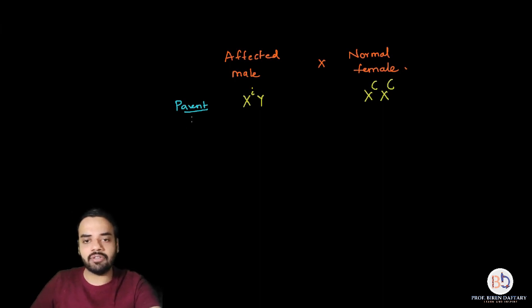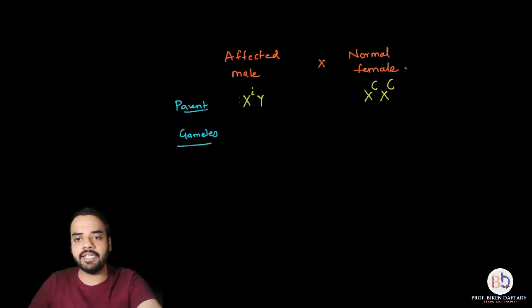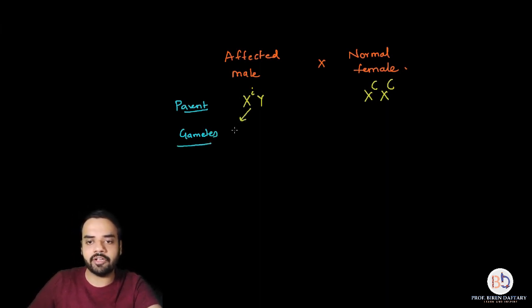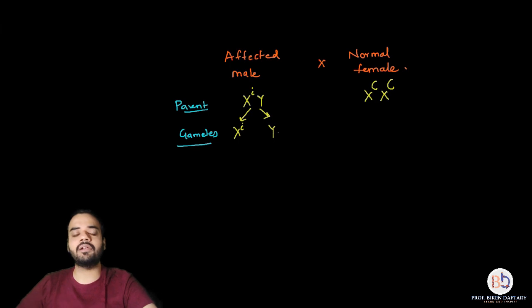Now we have to write down the gametes. Next step, right? What will be the gametes? In case of the male, there will be two gametes. One will be X small c, the other one will be Y. See, it's very simple. Gametes basically have half the number of chromosomes. A normal somatic cell in the human body has 46 chromosomes, and the gamete has 23 chromosomes.